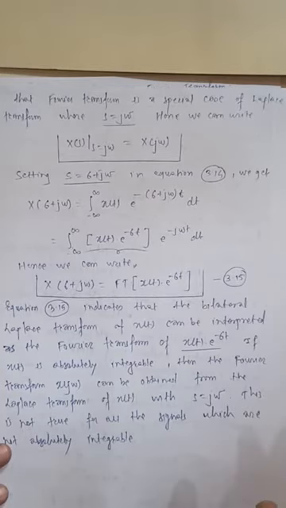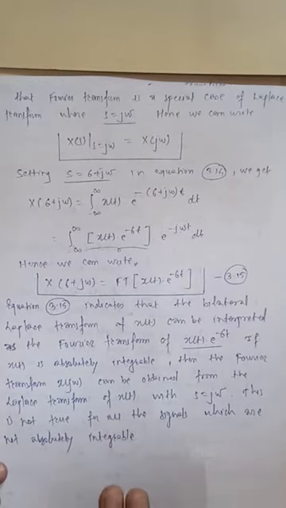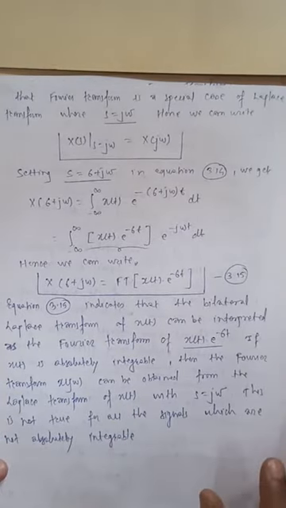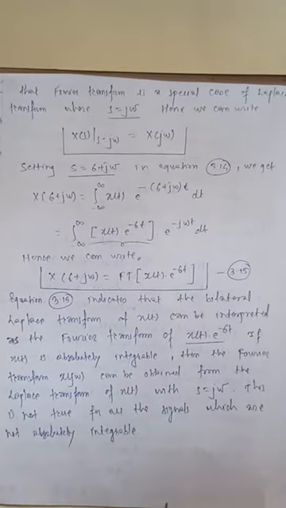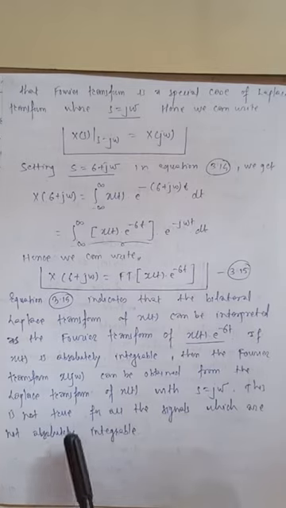It is not true for all signals which are not absolutely integrable. So this is the partial case where sigma is put equal to 0, but it is not true for all the signals which are not absolutely integrable.